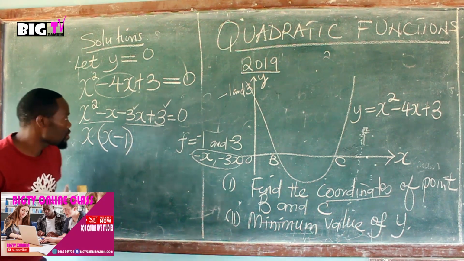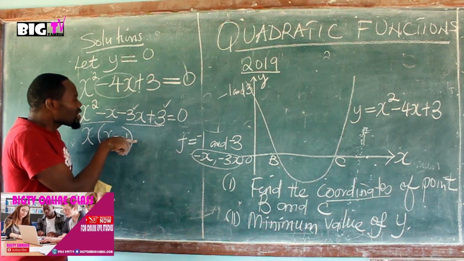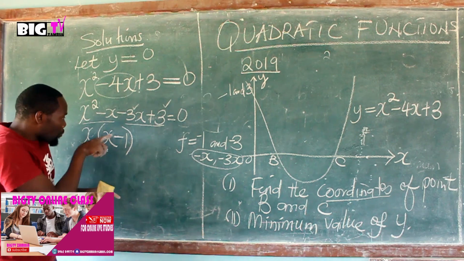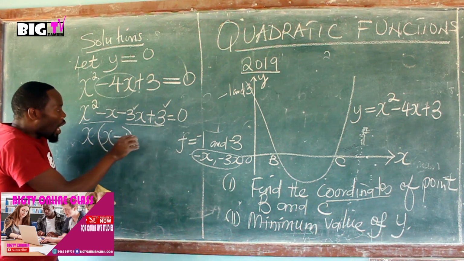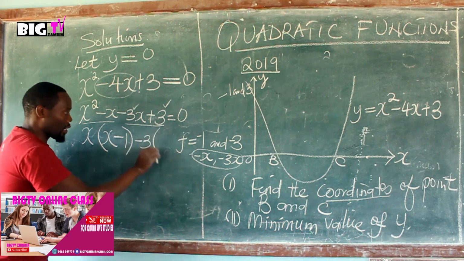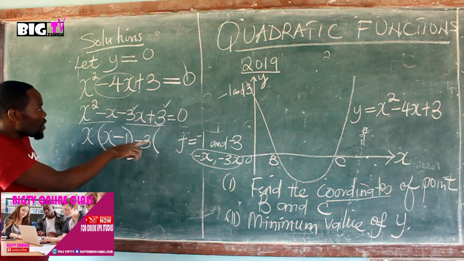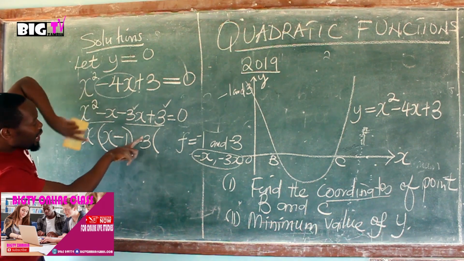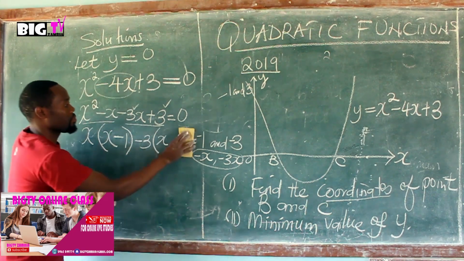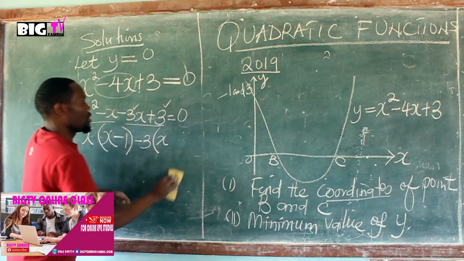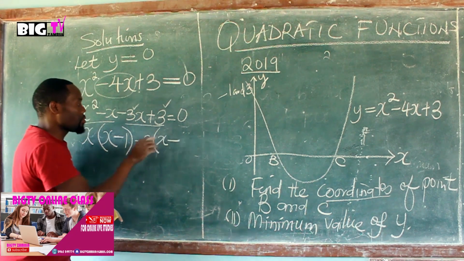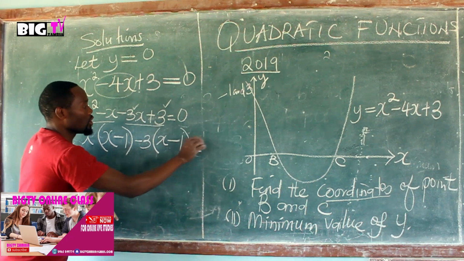But the question is, is it positive 3 or negative 3? Certainly, if we are to have the same thing inside, our negative must be outside. Negative 3 into negative 3x remains x; negative 3 into positive 3 is negative 1. Then it's equal to 0.